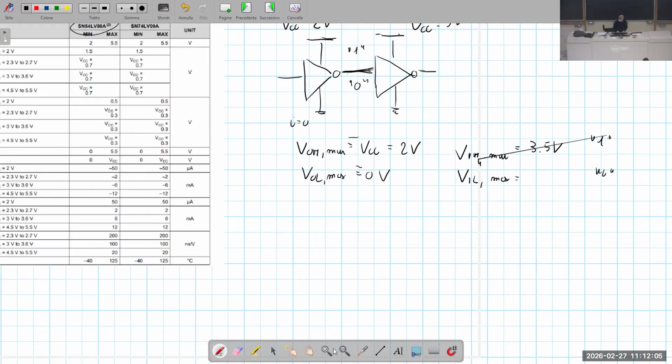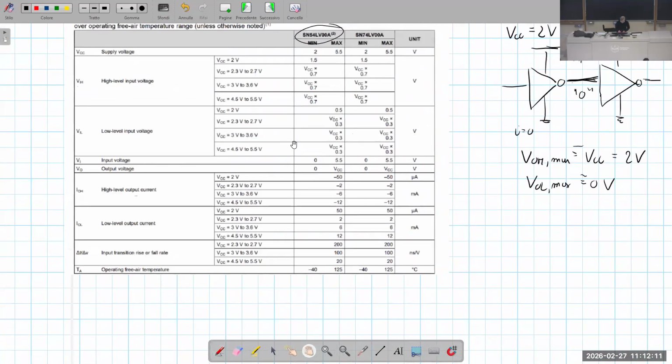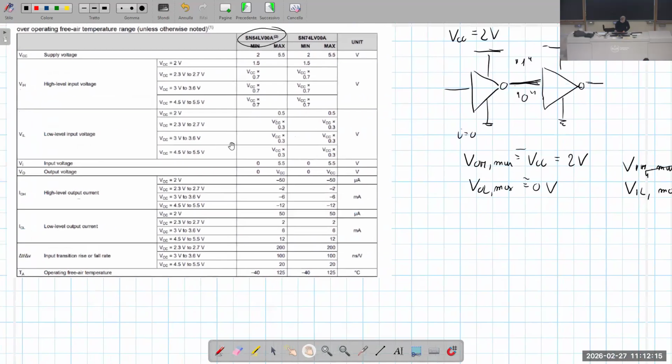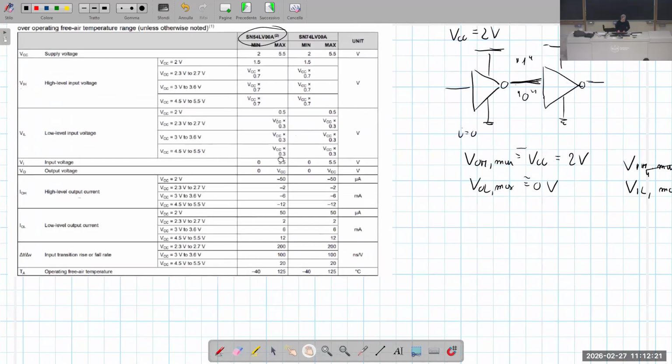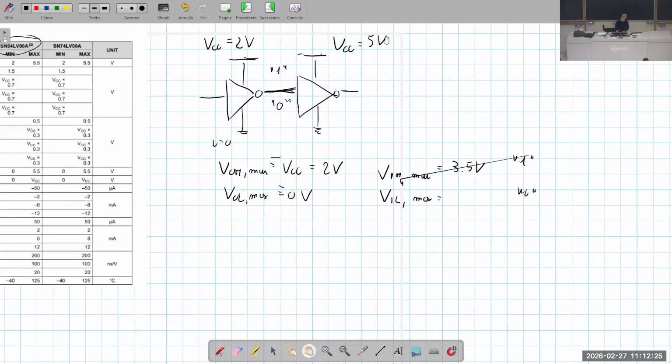What is VIL maximum in this circuit at 5-volt supply? I have to look at this last row, it is VCC times 0.3. It's 30% of VCC. VCC is 5 volt, so it is 1.5 volt.